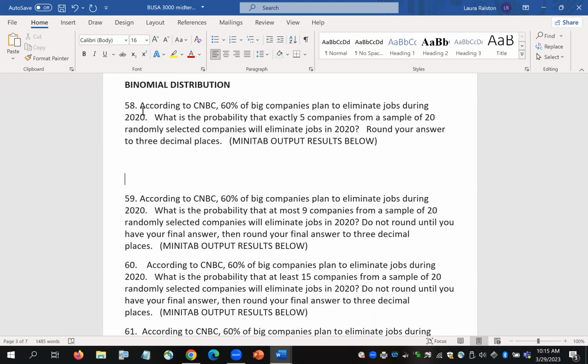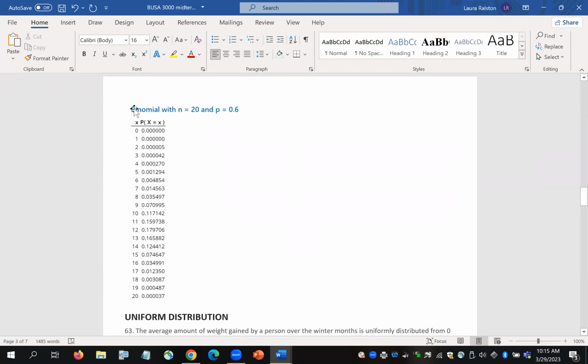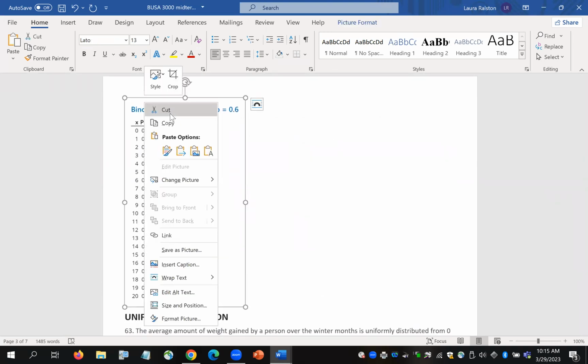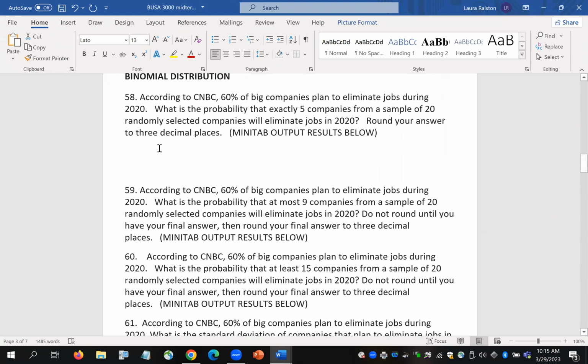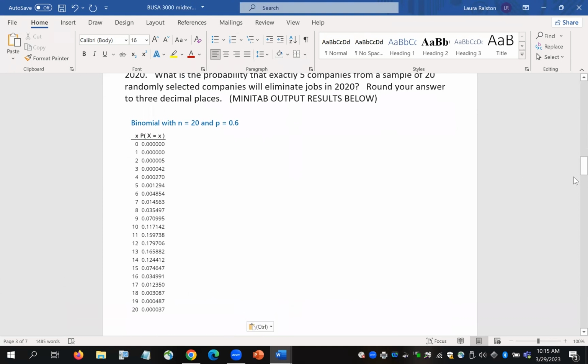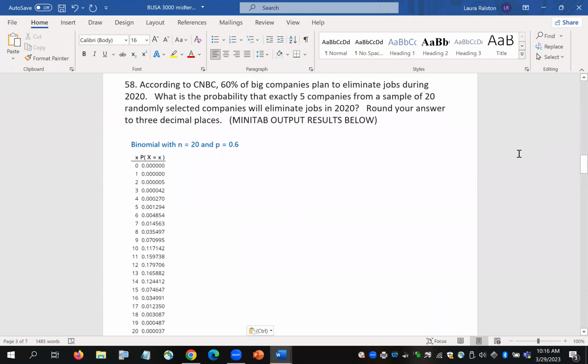So on the test, you're going to see this question or something like this. It'll say, according to CNBC, 60% of big companies plan to eliminate jobs during 2020.